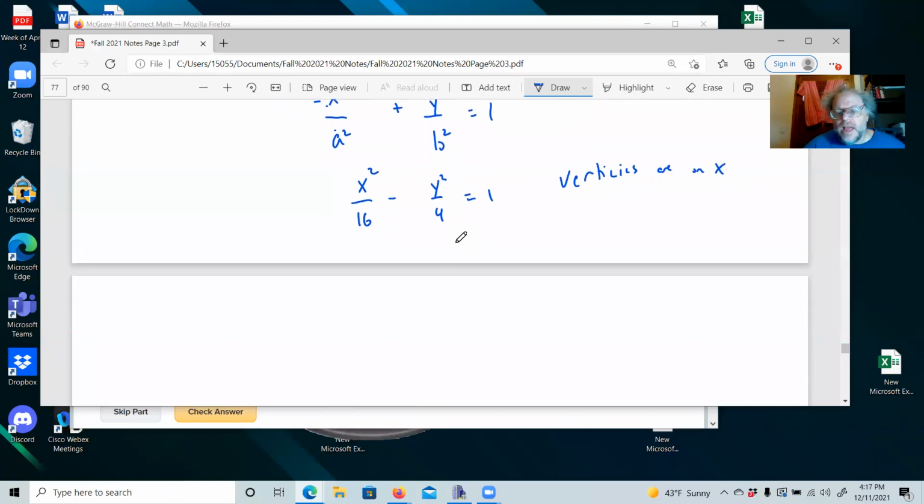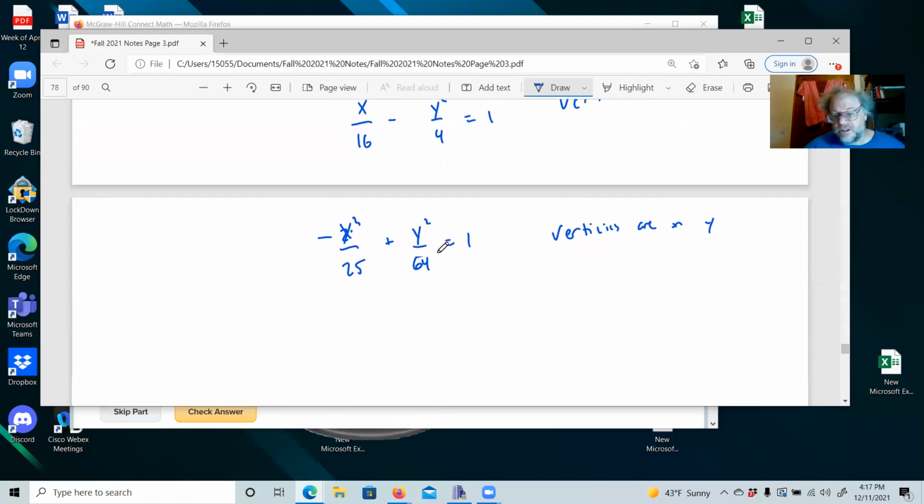And if we had something like negative x squared over 25 plus y squared over 64 equals 1, then the vertices are going to be in the y direction.